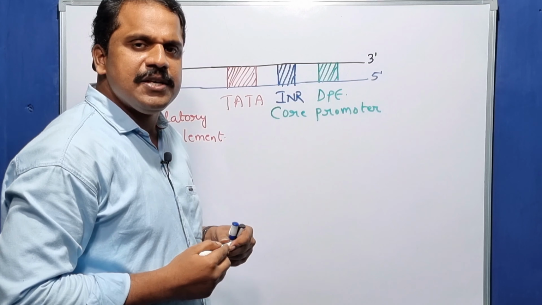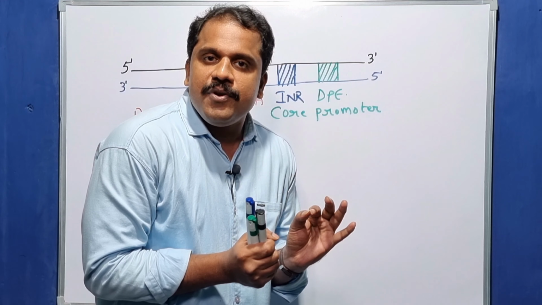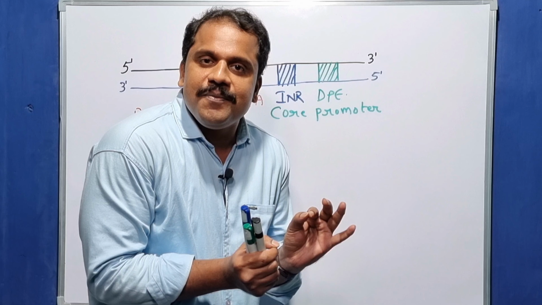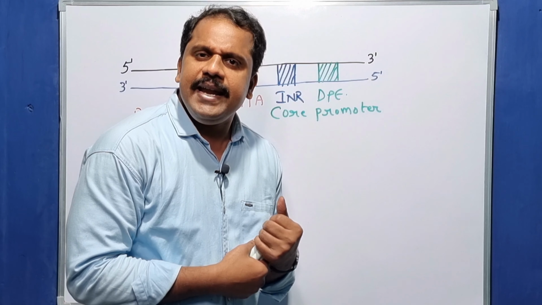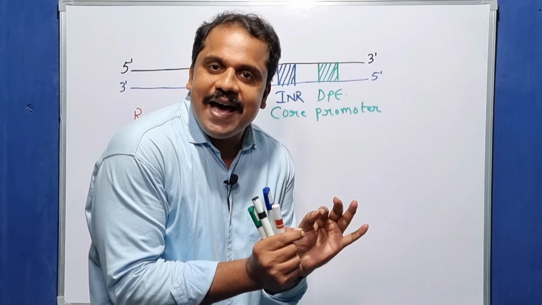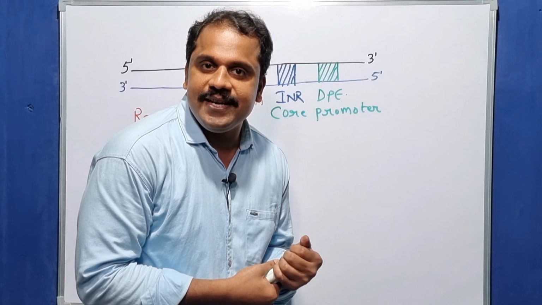Is it okay for you? So here, what is the role of the TATA element? The RNA polymerase enzyme is capable of binding to the promoter region by taking advantage of the TATA element.